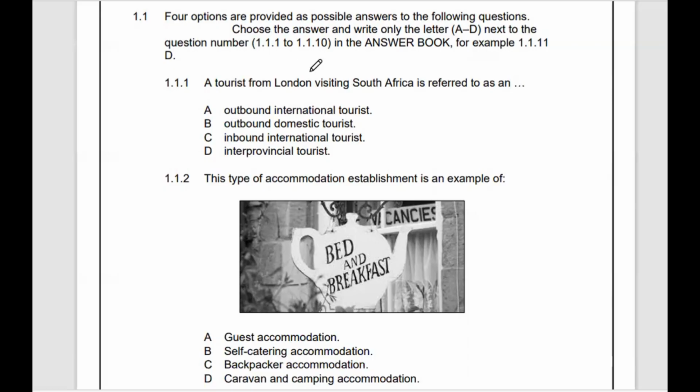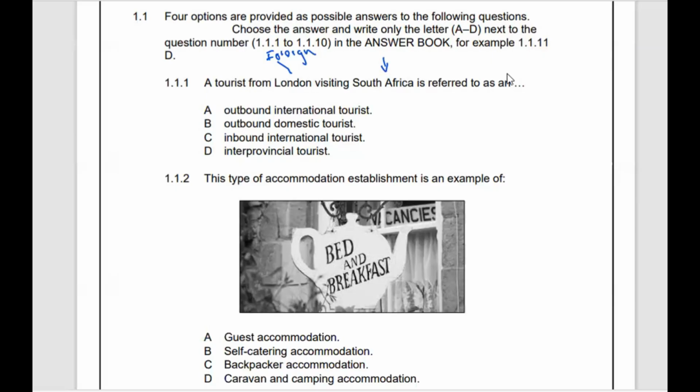So we have a tourist who is flying. A tourist from London visiting South Africa is referred to as. We need to first trace the origin of this particular tourist. This is a tourist who is coming from London. London is actually a foreign country, so the tourist is coming from a foreign country. Then he is visiting South Africa, which is the place where we are currently.